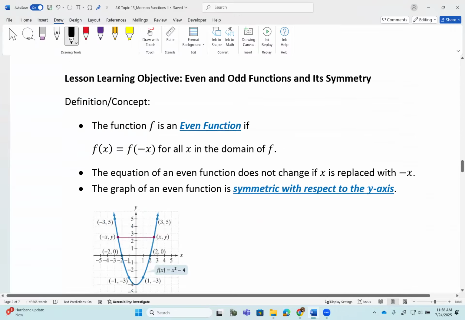All right, the next learning objective is the even and odd function and its symmetry. Learning the even and odd function does help us graph some of these functions I showed you back in topic 11 by hand.